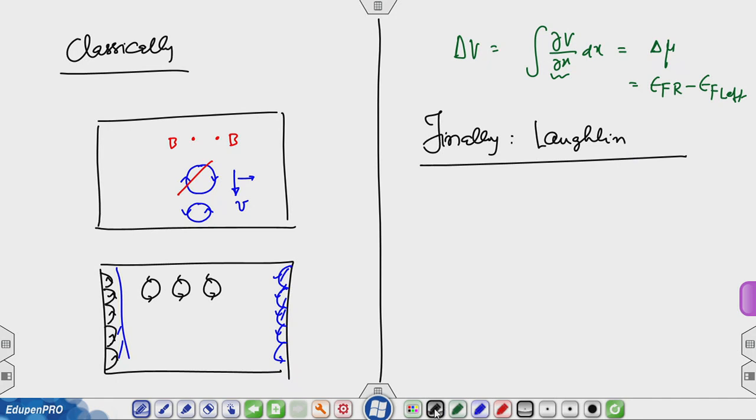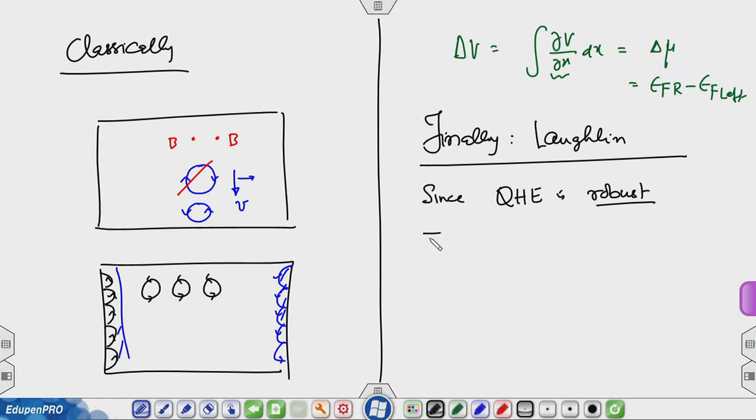Now, what Laughlin argues is that since the quantum Hall effect is robust, that means you put disorder in the system, you increase the disorder, you still see it, it persists, and the integer nature of nu and the quantities e square by h do not depend on the disorder.